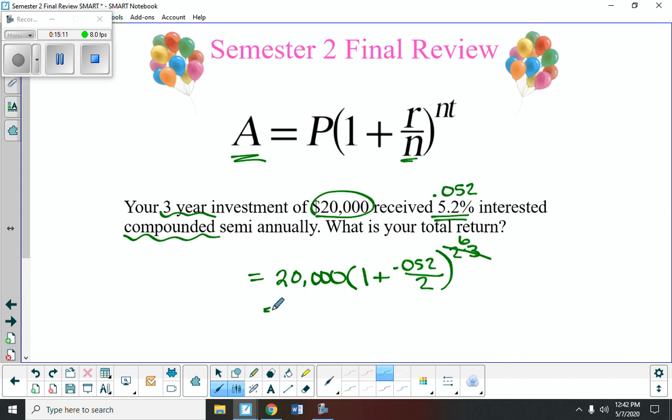And I end up with 23,329.97. So $23,329.97 at the end of 3 years.